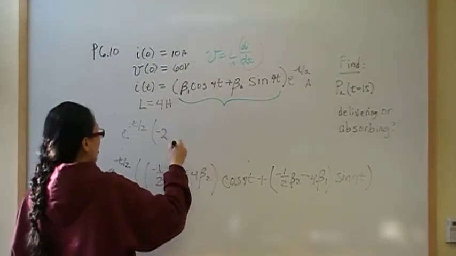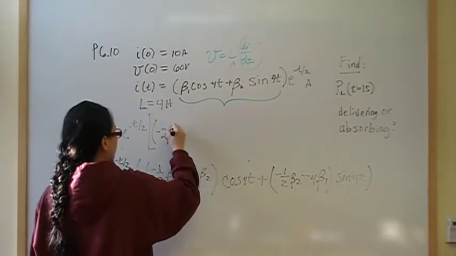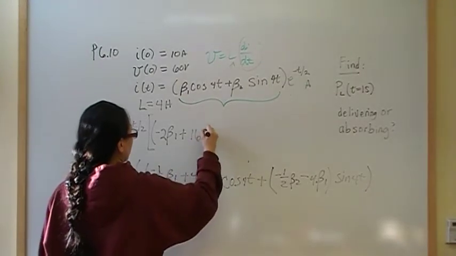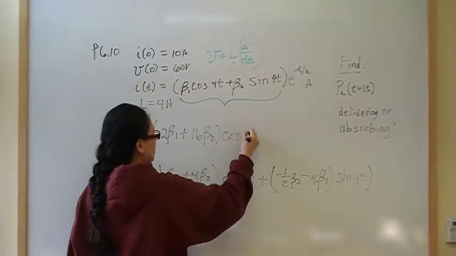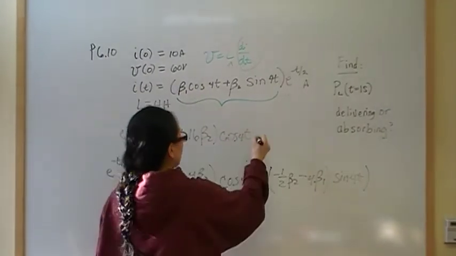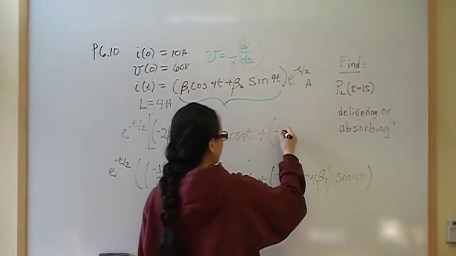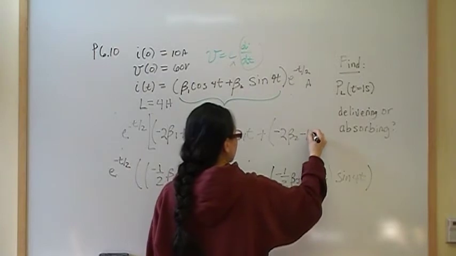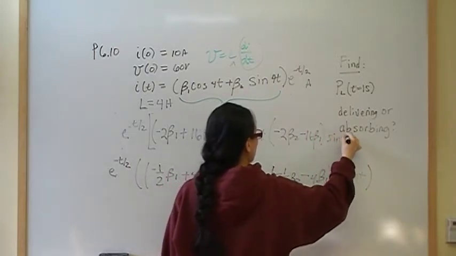So this new coefficient is negative 2 beta 1 plus 4 times 4, 16 beta 2, cosine 4t. And over here we have plus the coefficients of the sine term: negative 2 beta 2 minus 16 beta 1, sine 4t.